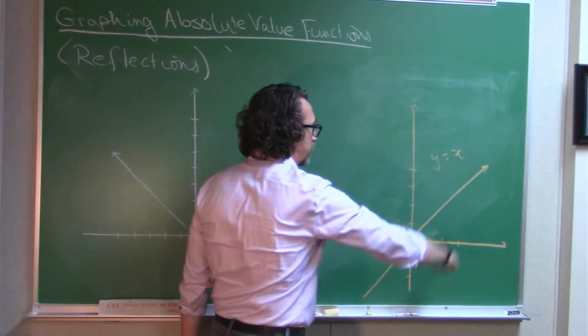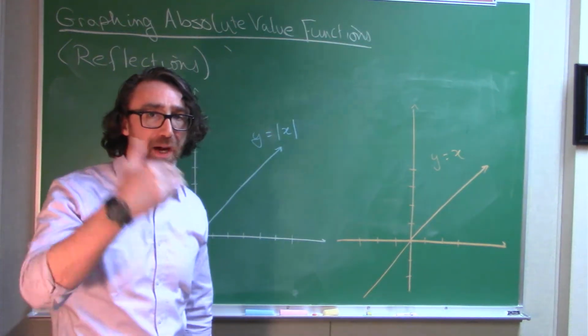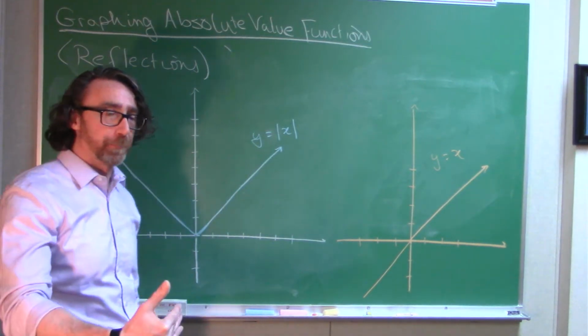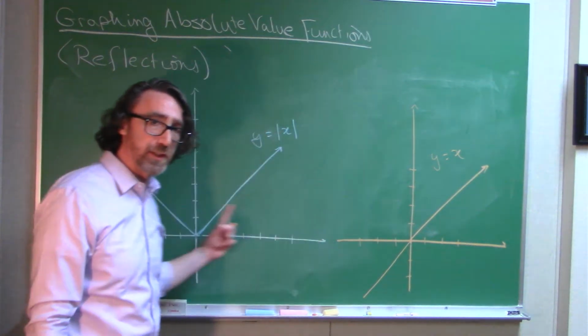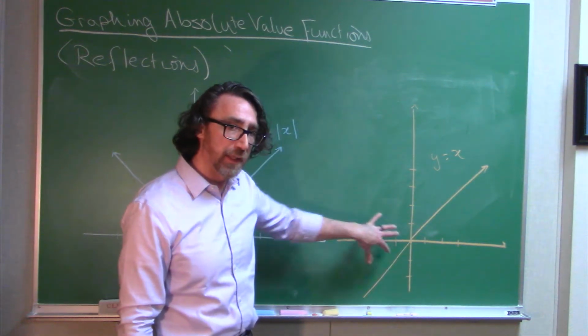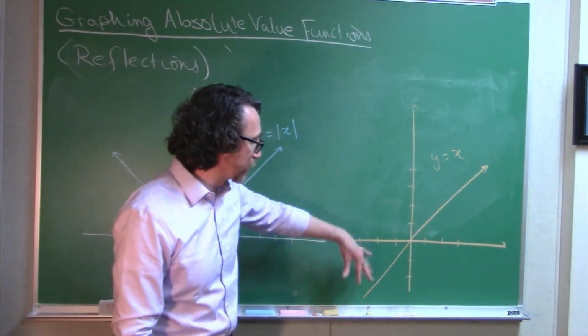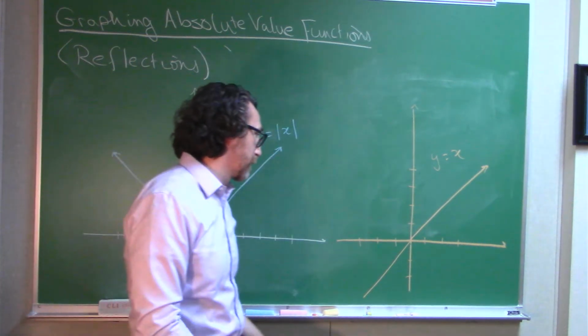When we take the absolute value of something, we know absolute value is always going to give us a positive outcome. So to go from this picture over here on the right to this picture on the left, it's like we have taken the left side of the picture and reflected it about the y-axis.